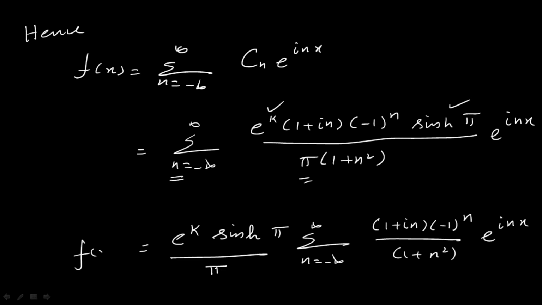That's all. So this is the complex form of the Fourier series of the given function f of x equal to e power k plus x, defined on the interval minus pi to pi.